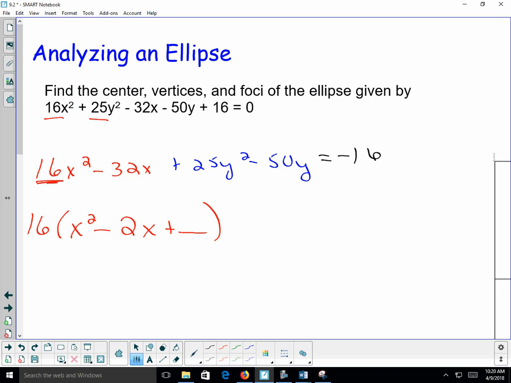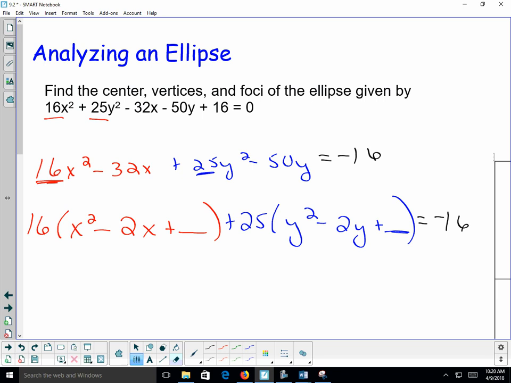When I look at the y's, I'm going to factor out a 25 because that's the coefficient in front of y squared. 25 times 2 will give me that 50. Again, leaving that space. Oops, I knew the answer, so I started to write it. And then it is equal to negative 16.